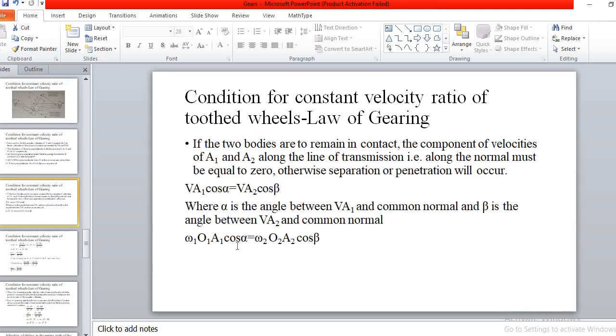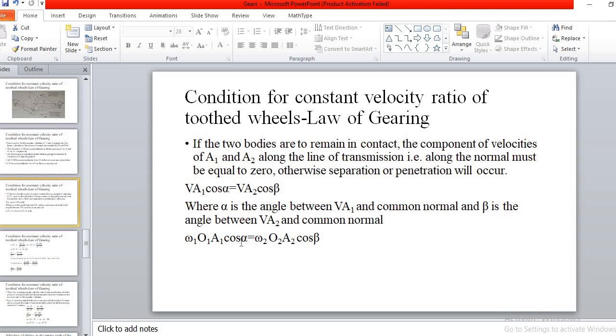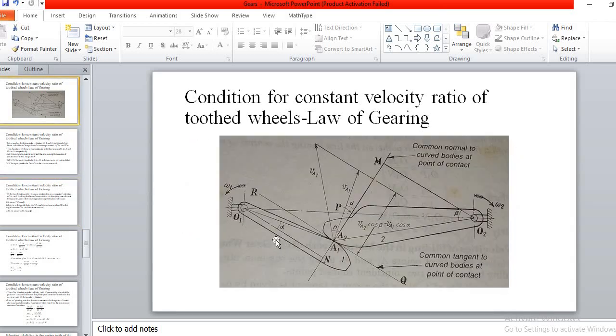Now for cos alpha and cos beta again we can write: for cos alpha we can write O1n divided by O1A1, and for cos beta we can write O2m divided by O2A2.